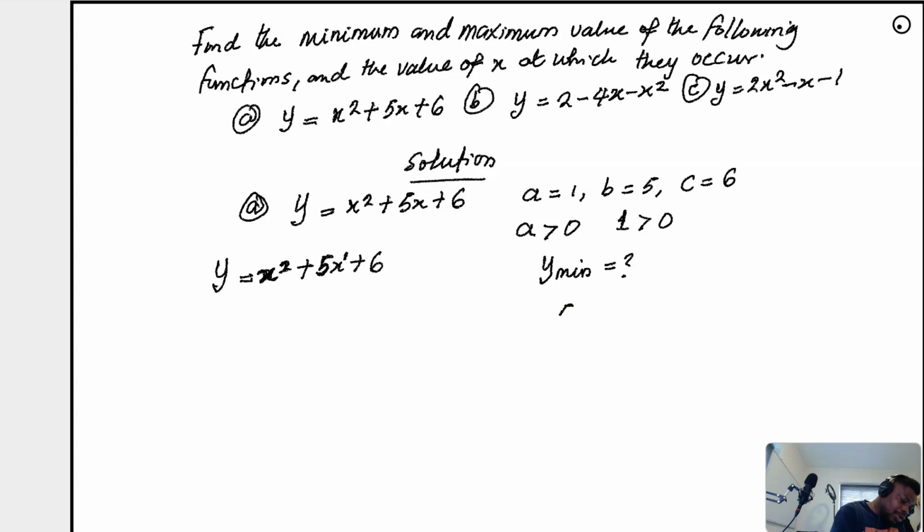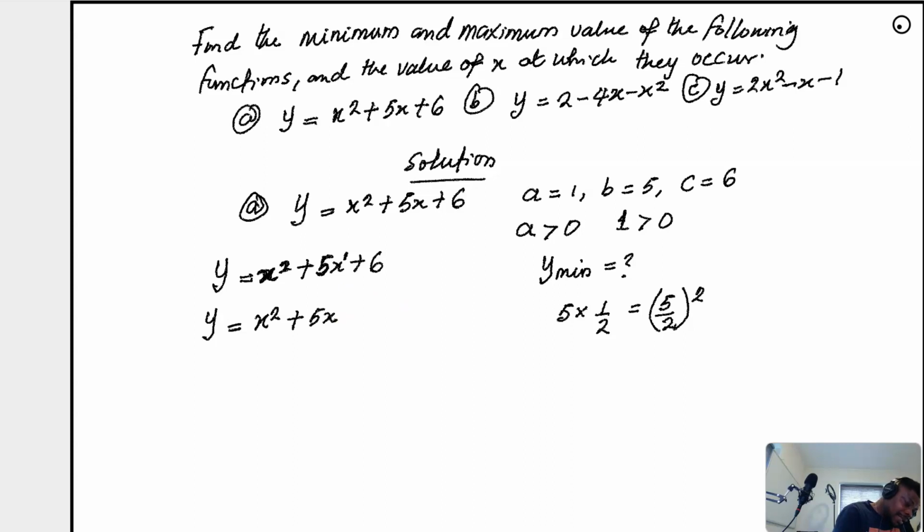So what we need to do, you want to half it. You want to multiply by half. And that is 5 over 2. Then you want to square it. Okay? Now, we have that. So what I will do here, I will write x squared plus 5x. Okay?